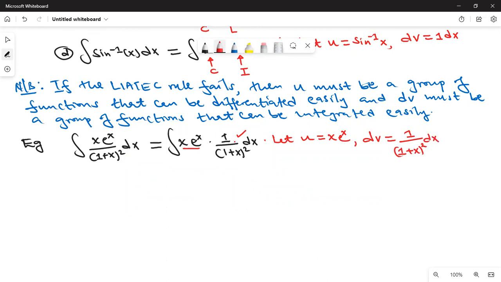That point is very important. You can still use integration by parts even if you don't use the LIATE rule.